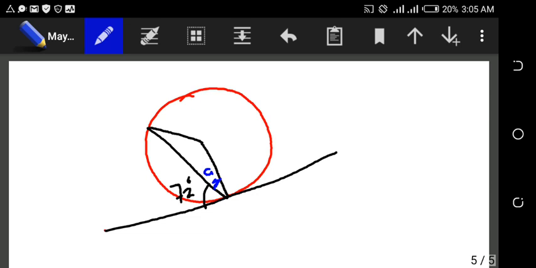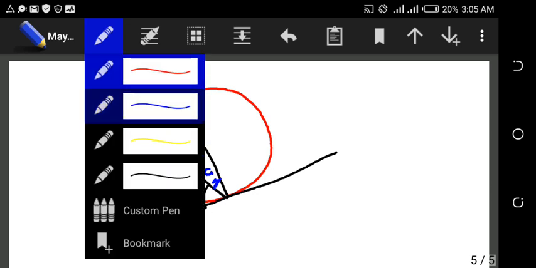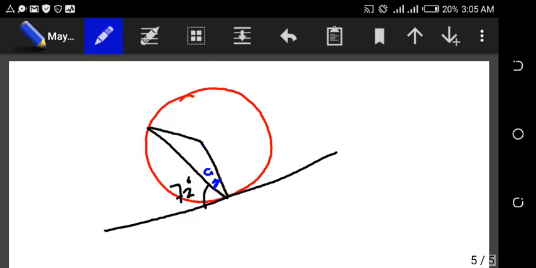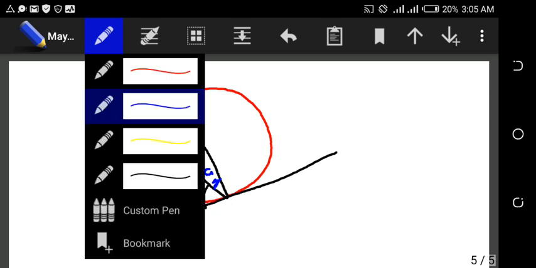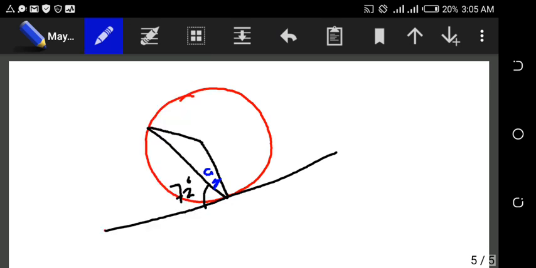All right. Now, in solving this, remember that this line here is a radius, and this one here is a tangent. So that means that they are perpendicular. So the whole of from here all the way down to this point is 90 degrees.